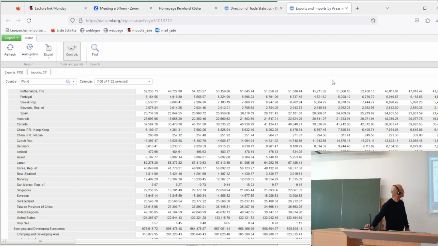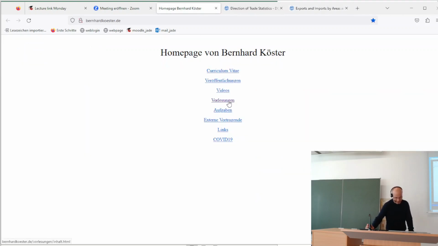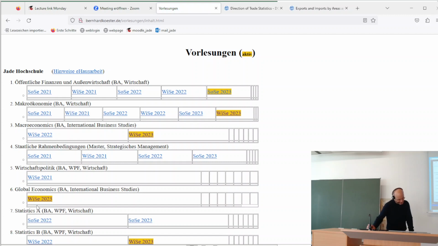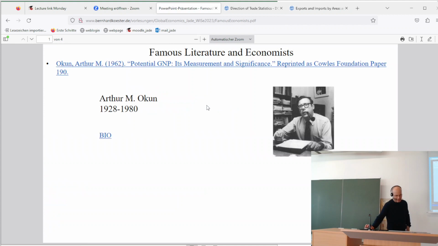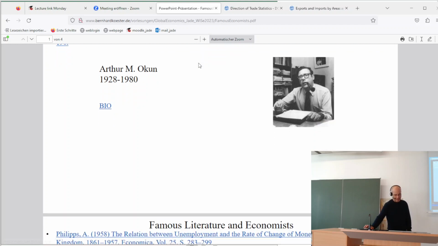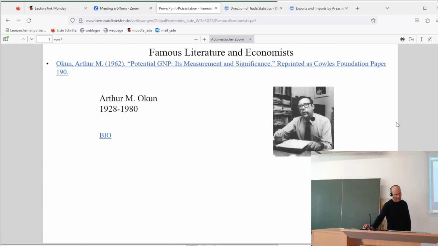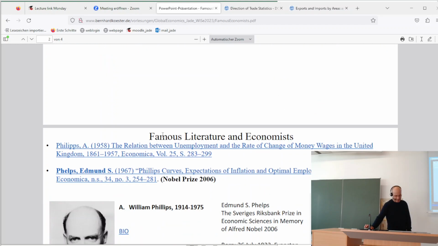Because this I also want to show you. Where did I have it? Here. I will just sum up. We already had Okun, we had the Phillips curve, and so on. And here I gave you these papers we were talking about, and you can also read about these economists.